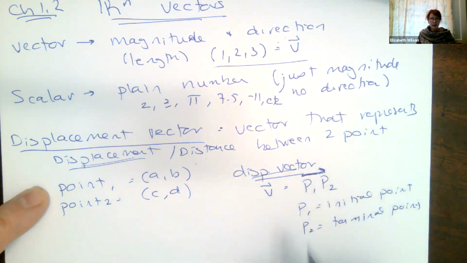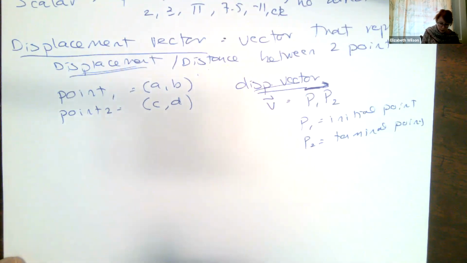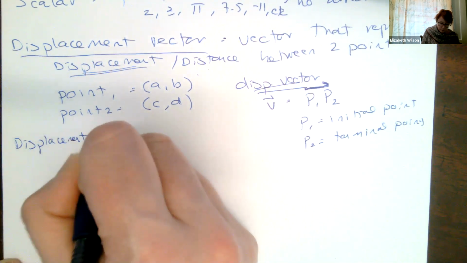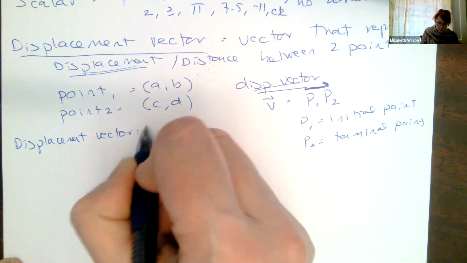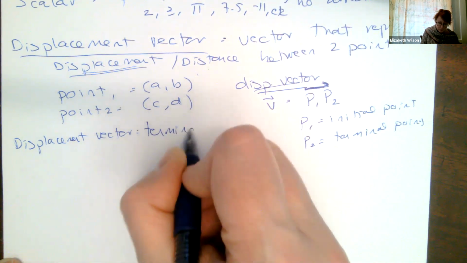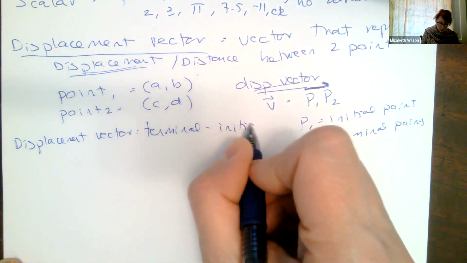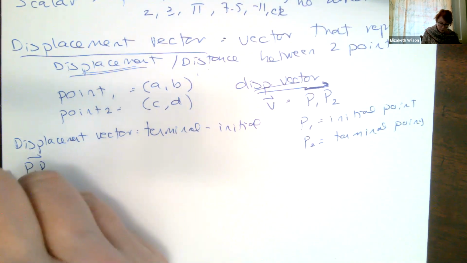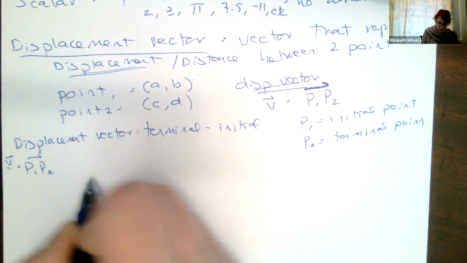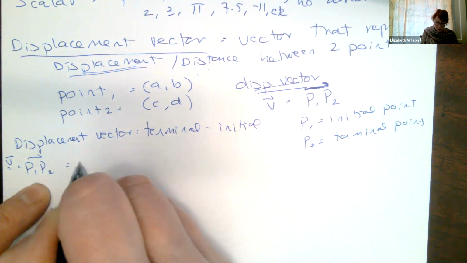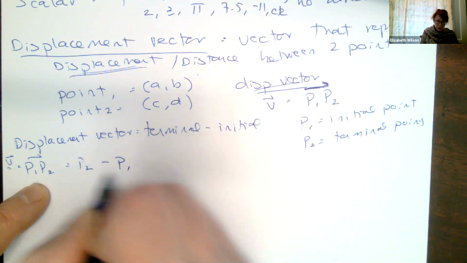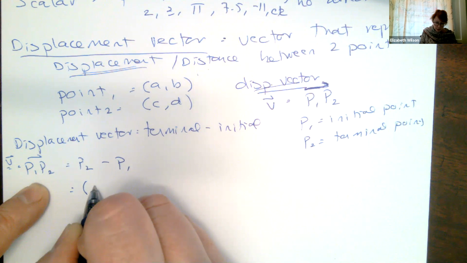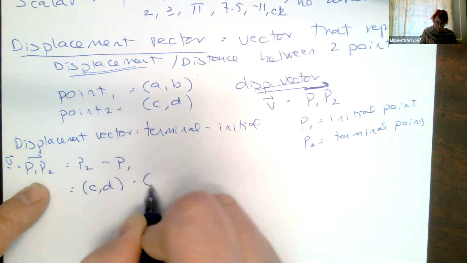To come up with a value for our displacement vector, we go terminal minus initial. So if our displacement vector is P1P2, which is equal to V, then it's our terminal, P2, minus our initial, P1. Say P2 is (C, D) minus (A, B).